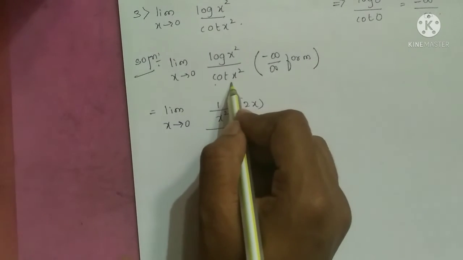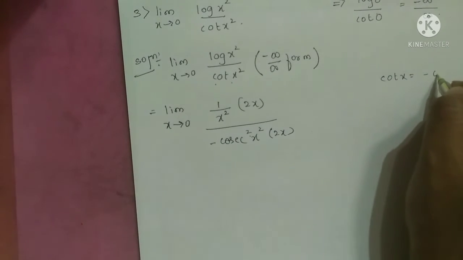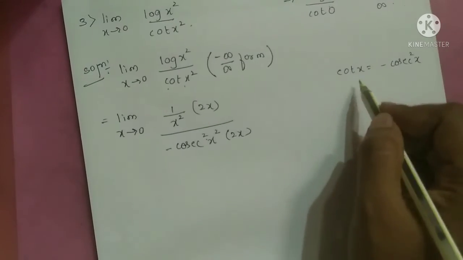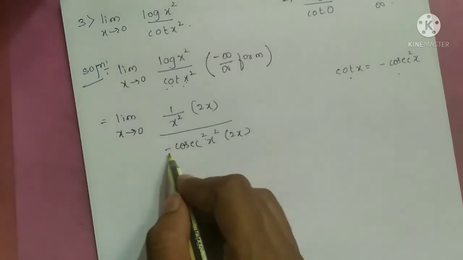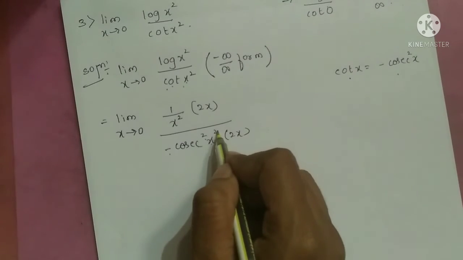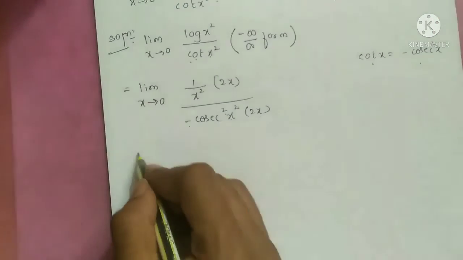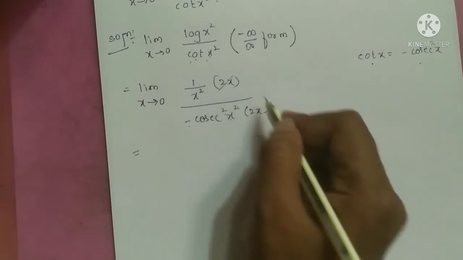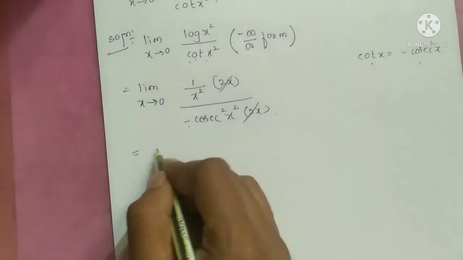See, cot x differentiation is minus cosecant square x. Here you have cot x square, so minus cosecant square x square, and differentiation of x square is 2x. Then here 2x, here 2x gets cancelled, numerator and denominator cancel.